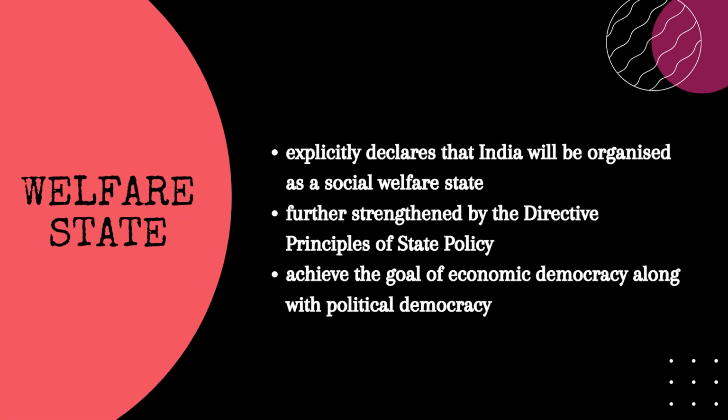This concept of a welfare state is further strengthened by the directive principles of state policy, which set out the economic, social, and political goals of the Indian constitutional system. These directives confer certain non-justiciable rights on the people and place the government under an obligation to achieve and maximize social welfare and basic social values like education, employment, health, etc. So the Indian Constitution sets up a machinery to achieve the goal of economic democracy along with political democracy, because the latter would be meaningless without the former in a poor country like India.